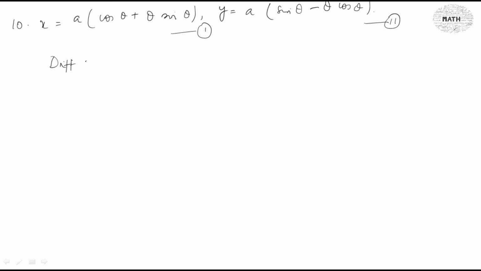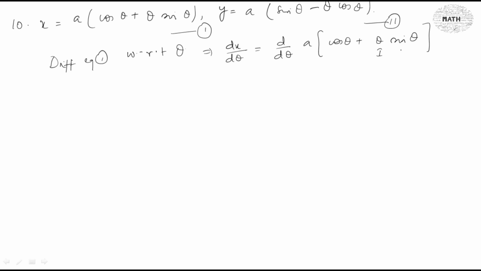Differentiating equation 1 with respect to theta, so I'll get here dx by d theta is equal to d by d theta of a cos theta plus theta sine theta. Remember, here I got two terms. So whenever I got two terms, I have to apply which rule? The product rule, right?